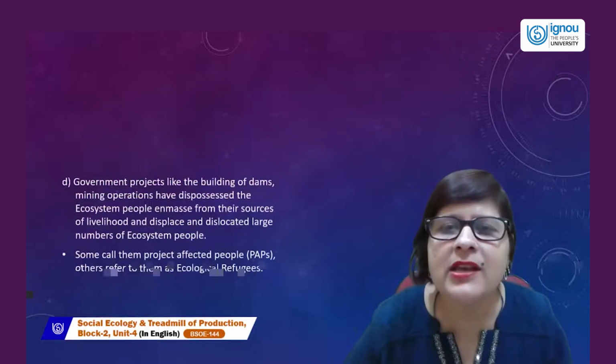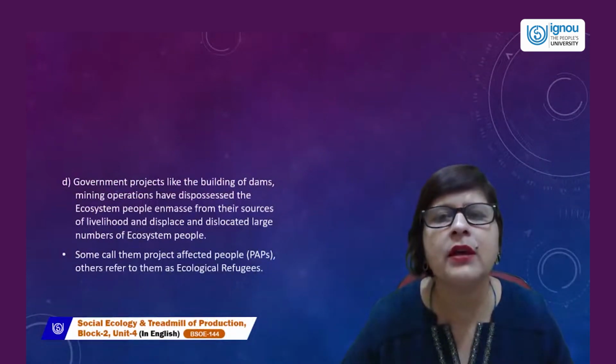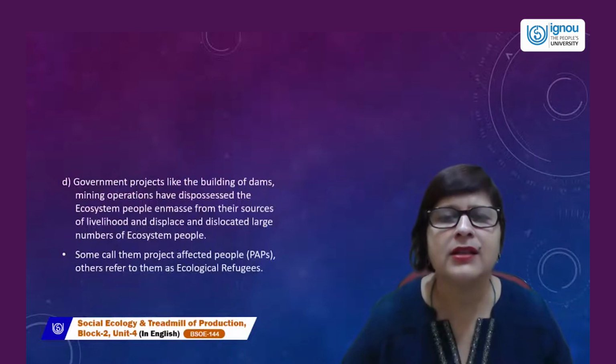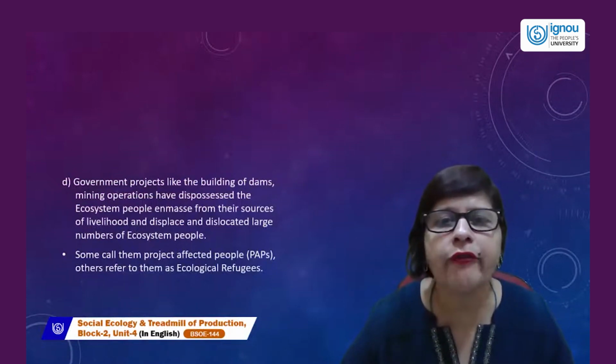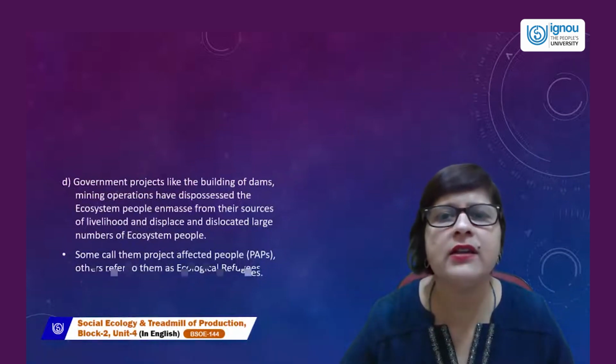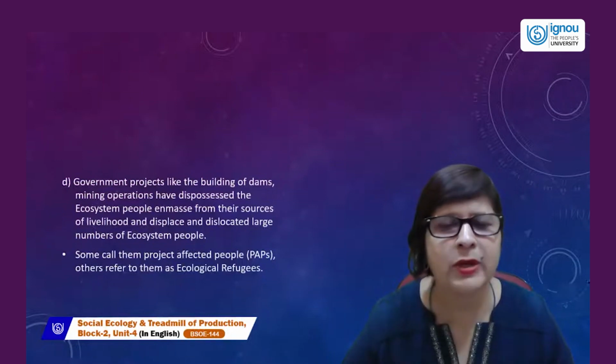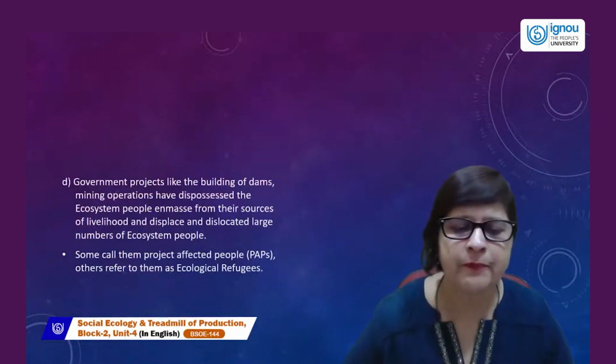They displace these marginalized people or tribal people from their places. This impacts the livelihood of the tribal areas. And this is another reason for the asymmetric growth between the two groups, right?